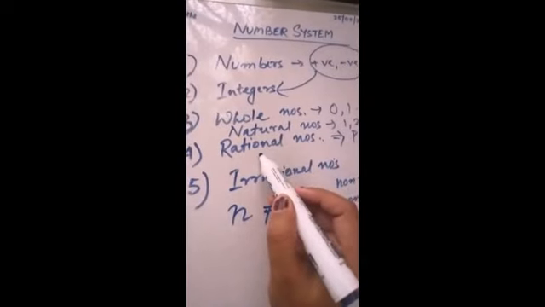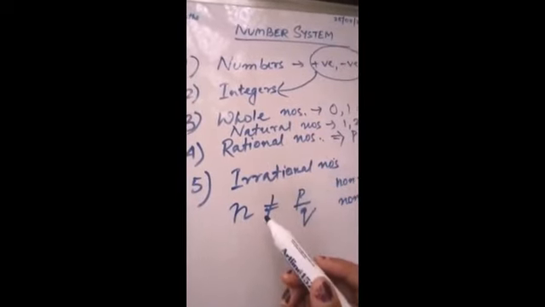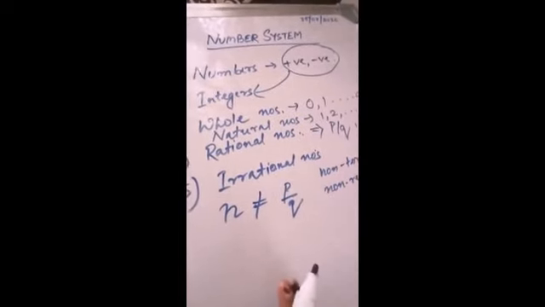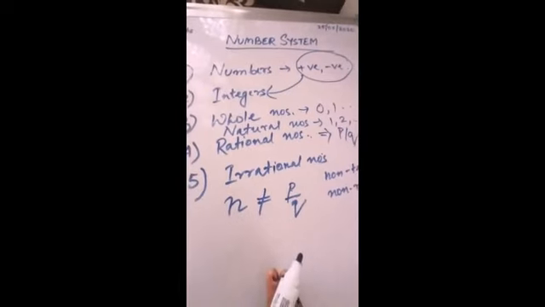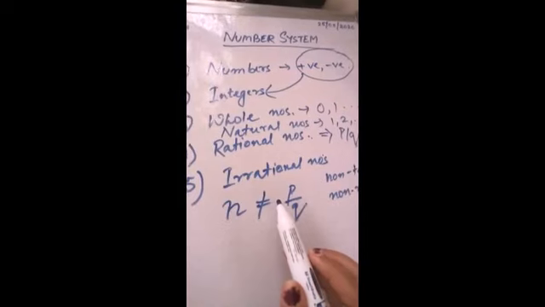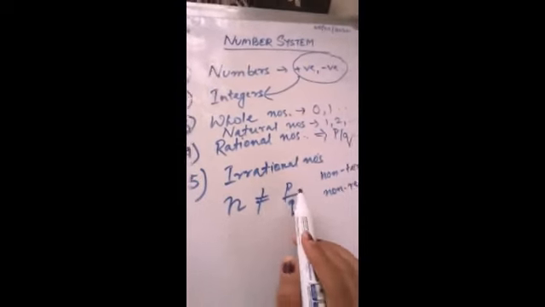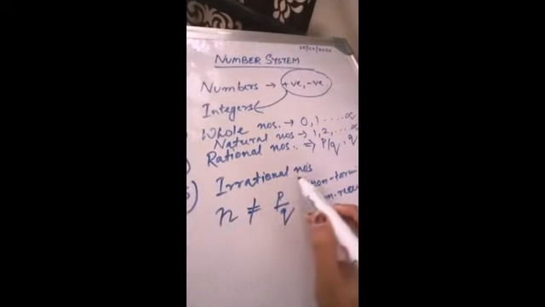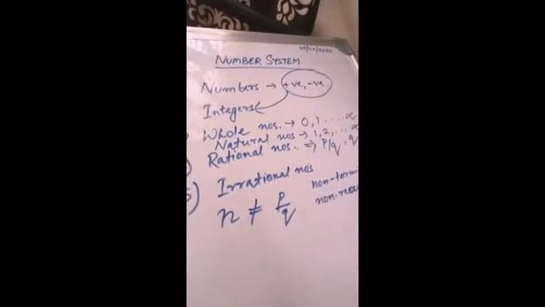And we can convert one rational number to an irrational number by just adding some non-terminating numbers after it. This is what we have learned. And how to plot rational numbers we have already seen in our previous classes. Today we have learned how to plot irrational numbers on the number line.